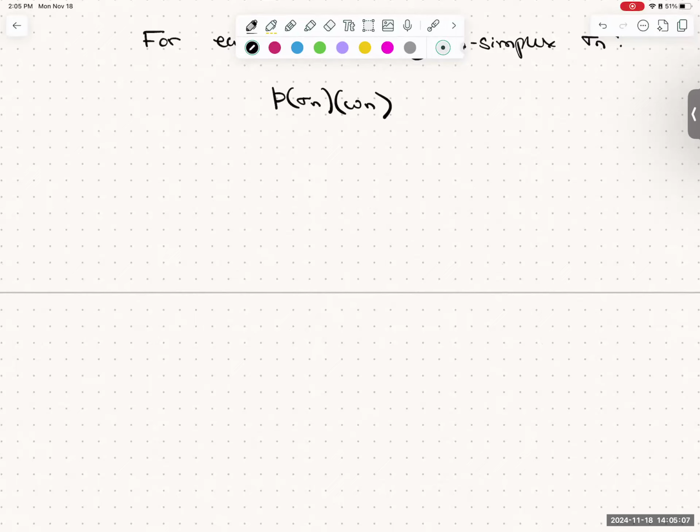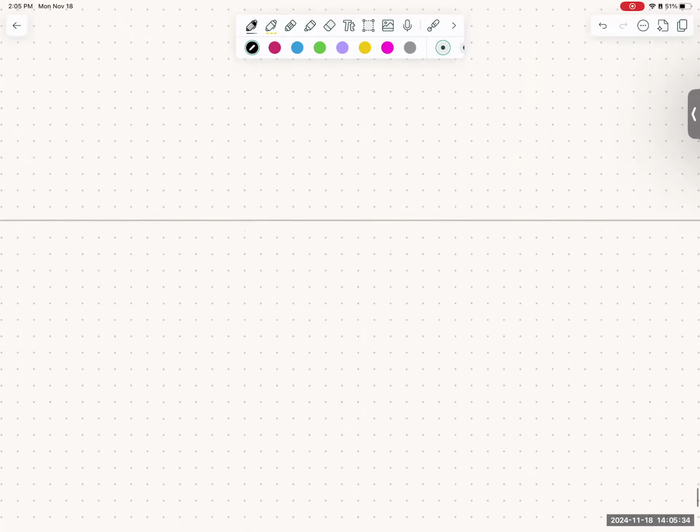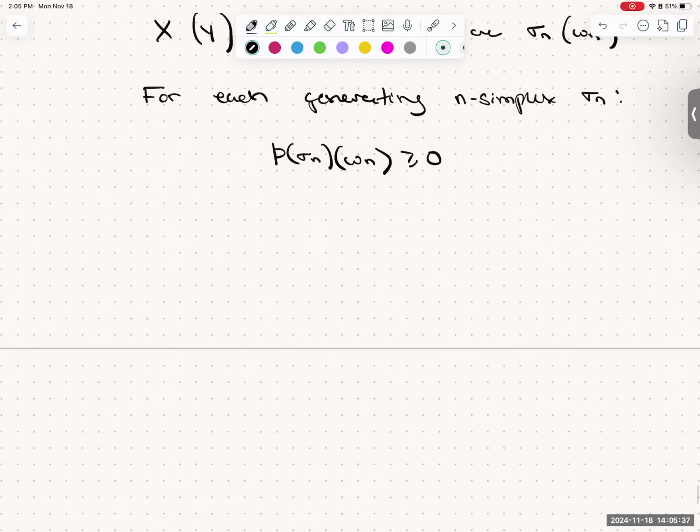So it's probably possible to count this explicitly, but it will be a little bit messy in the general case. So I will just leave it informal, but I think you guys understand what I mean. Take each generating simplex, take the outcomes, however many there are for the outcome space, and you enumerate all the possible probabilities. And each of those needs to be greater than or equal to 0. So this defines already an H polyhedron.